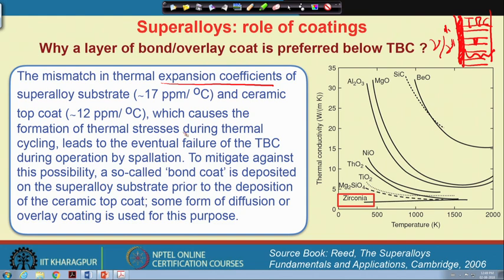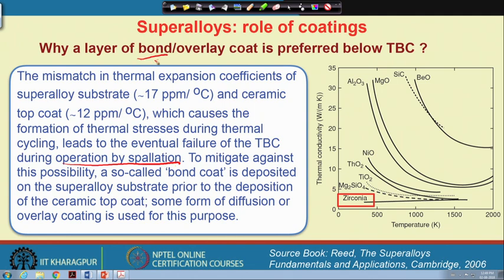So, the thermal stresses generated during thermal cycling lead to failure of this thermal barrier coating, and it falls from the substrate. To get very good adhesion between the thermal barrier coating and the base substrate, a bond coat or overlay coat is always preferred.